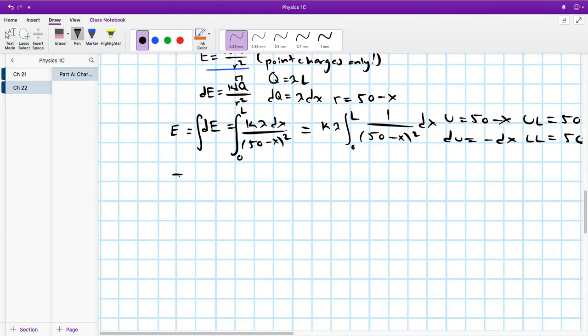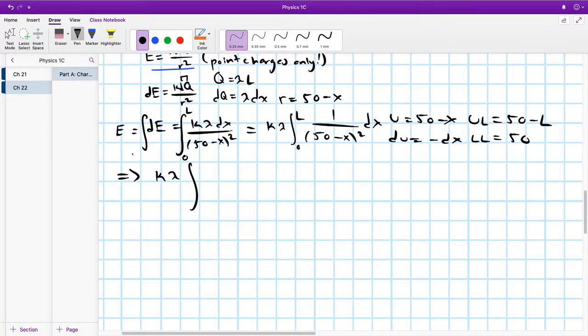So our integral becomes k lambda, our two constants, times the integral of 50 to 50 minus L of 1 over u squared du. And there's a negative that came with the negative du from right here.